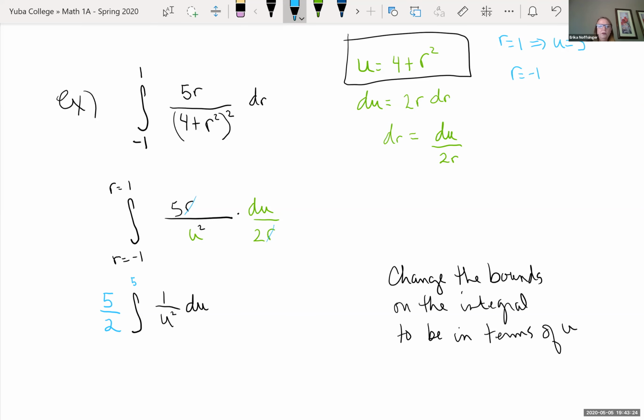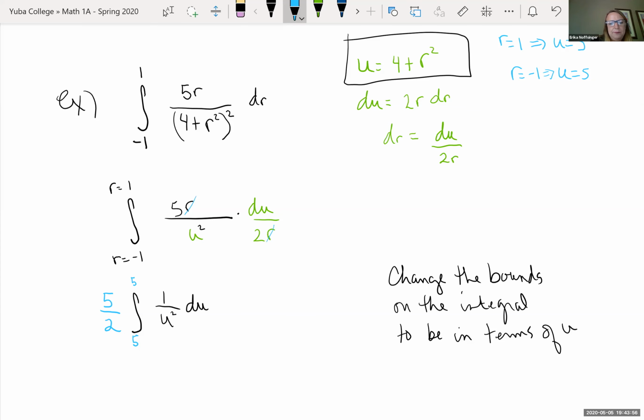Ooh. What does that tell us? Any ideas? If we plug this r equals -1 here, and I get 4 plus -1 times -1, that's 4 plus 1, u is equal to 5. You remember there was a special rule.